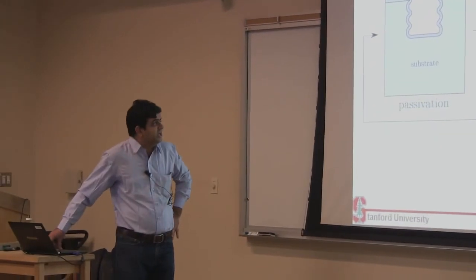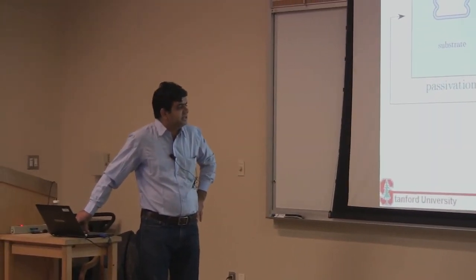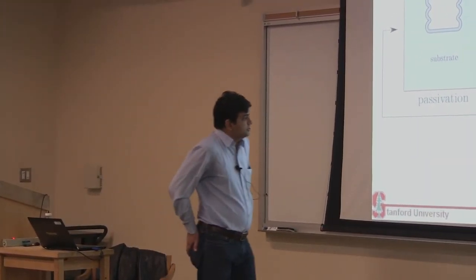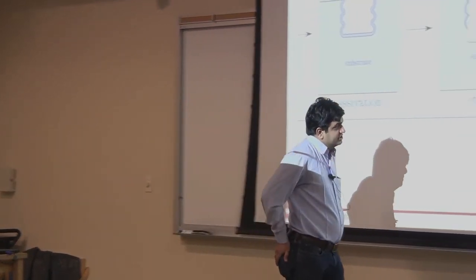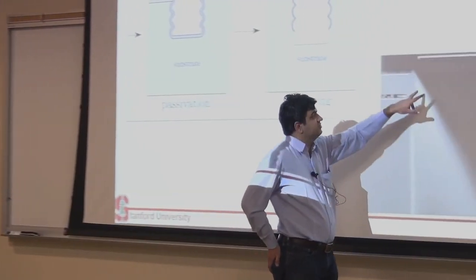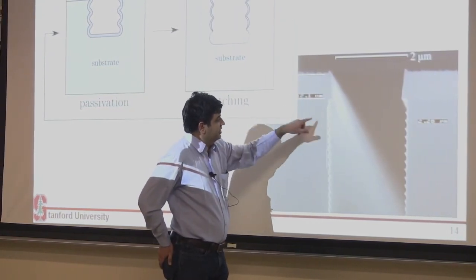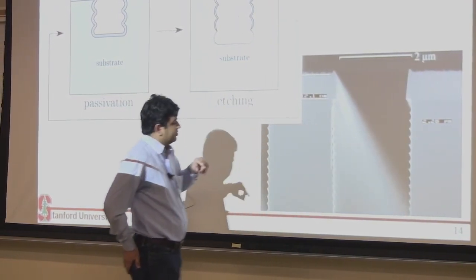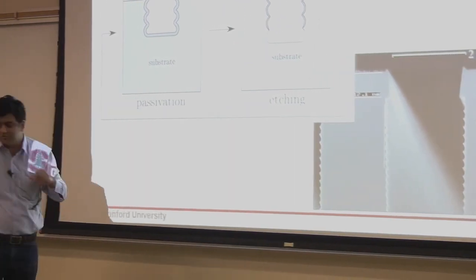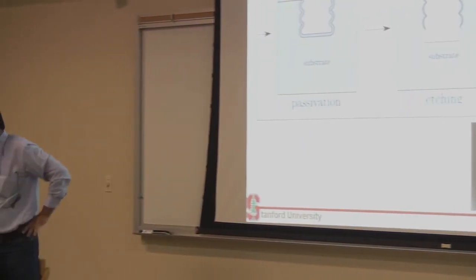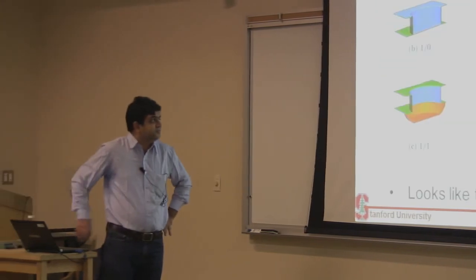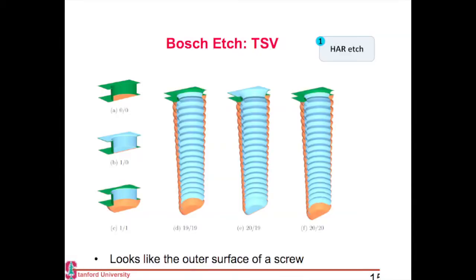And especially to etch those TSV films that I just showed, you use this kind of process. So you can see this through silicon via, which has a width of 2 micron. And you can see these multiple grooves, each groove being formed with one of the cyclic etch steps. This is showing 20 etch steps, and it looks very much like the outer surface of a screw.